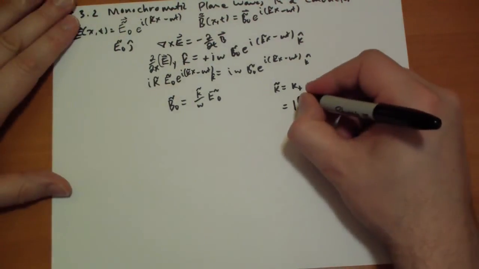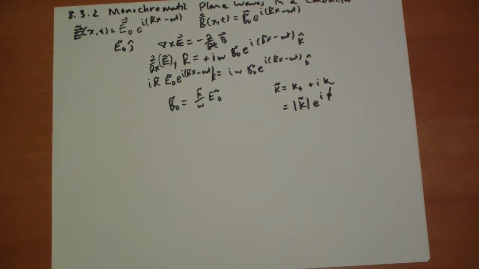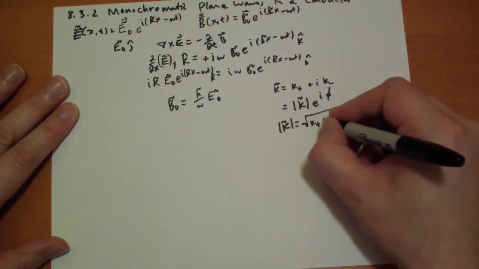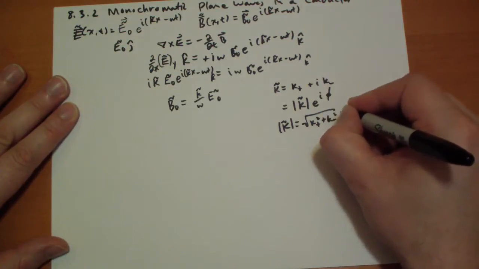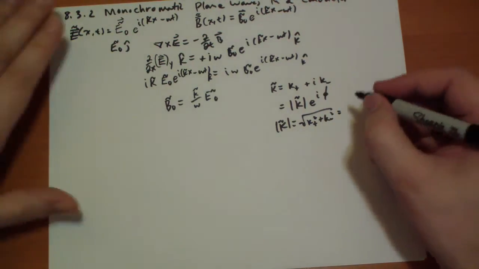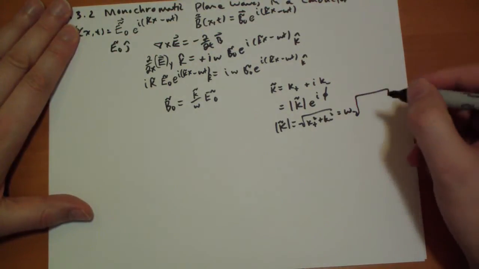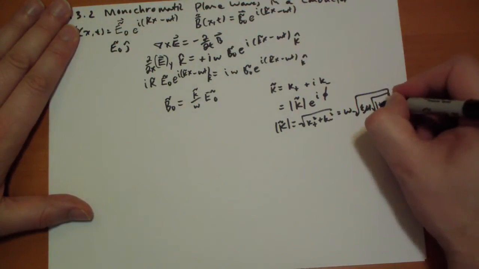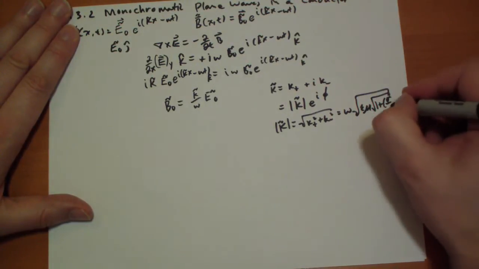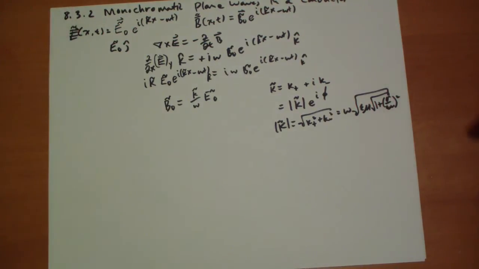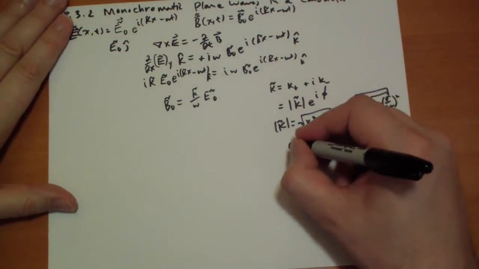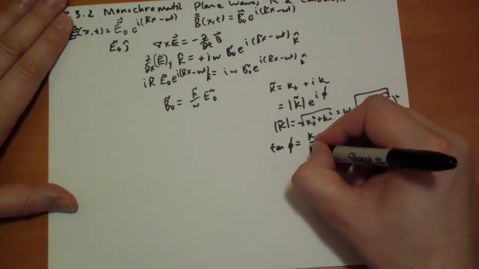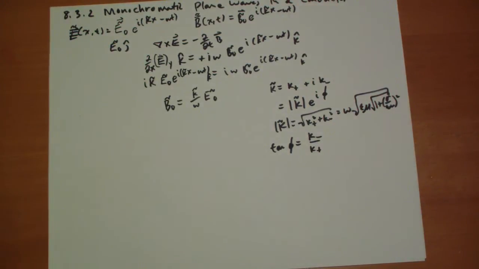Where this is just simply the square root of kappa plus squared plus kappa minus squared, which simplifies out to be the mildly dramatic and complex square root of 1 plus sigma over epsilon omega squared, and the phi, of course, tangent of phi is just the negative divided by the positive components of that.